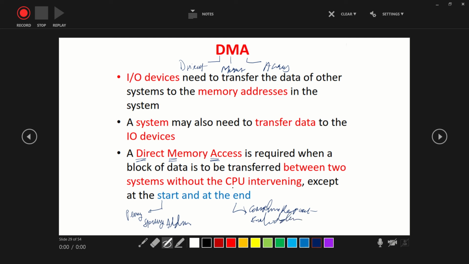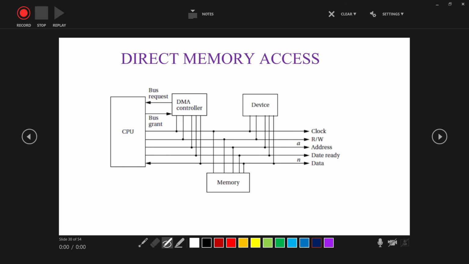This information goes to the ALU. So this is the process called direct memory access, that is DMA, right?